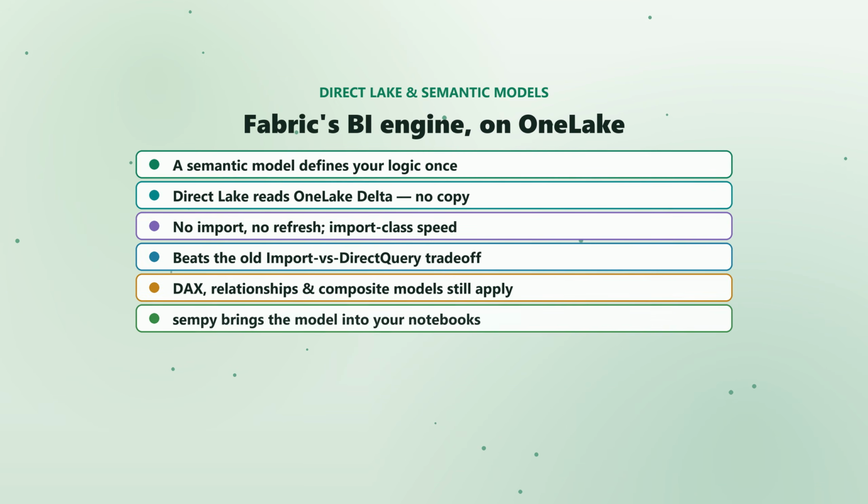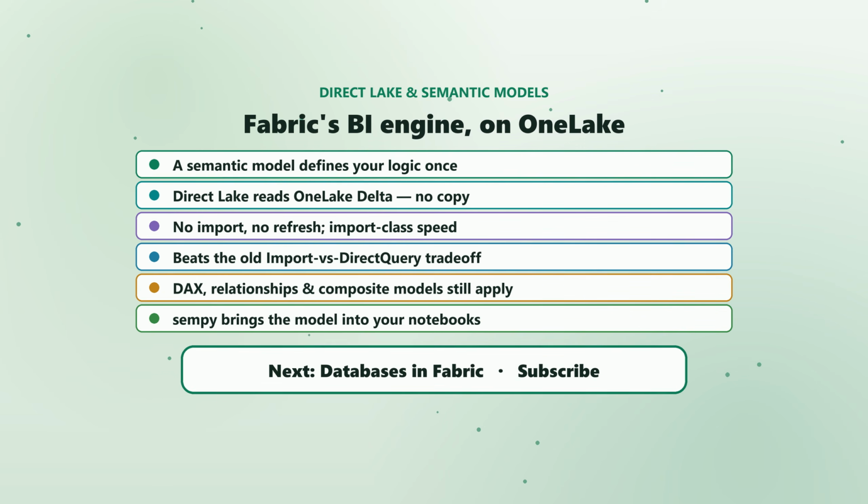So that's DirectLake and semantic models, Fabric's BI engine, running right on OneLake. Let's recap. A semantic model defines your tables, relationships, and DAX logic once, and every report and tool reads from it. DirectLake mode lets that model read OneLake Delta directly, with no copy in the middle. That means no import and no refresh at import-class speed, which finally beats the old Import-versus-DirectQuery trade-off.